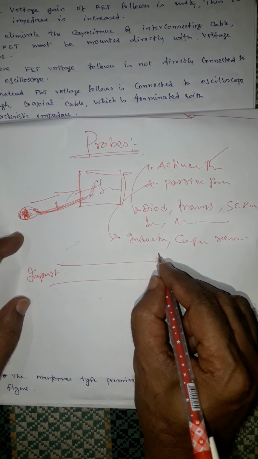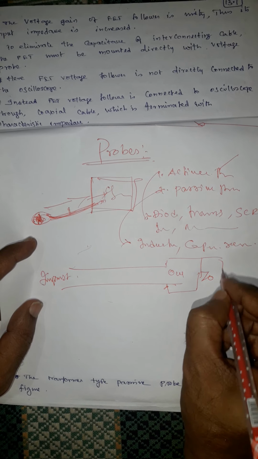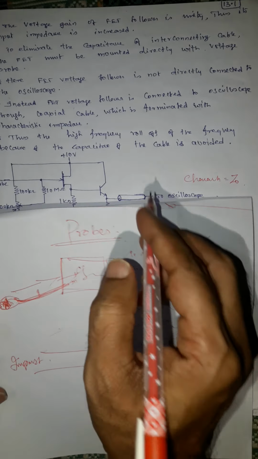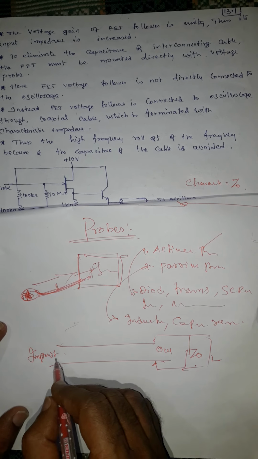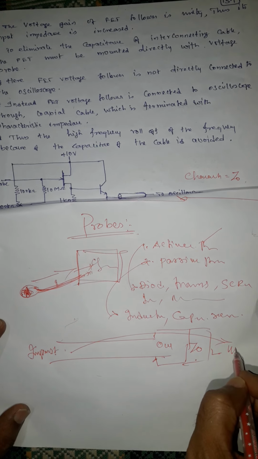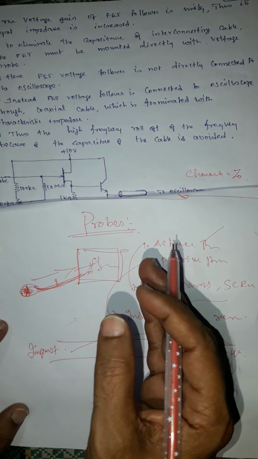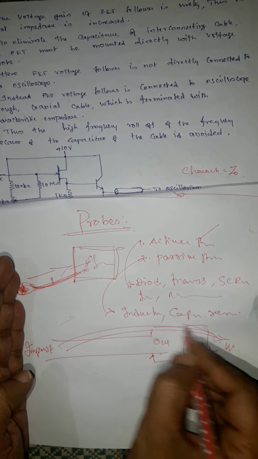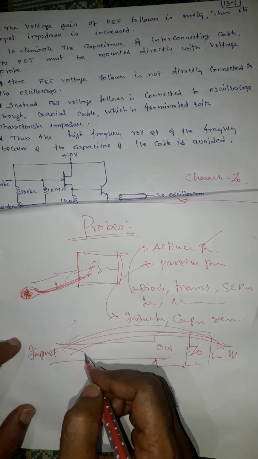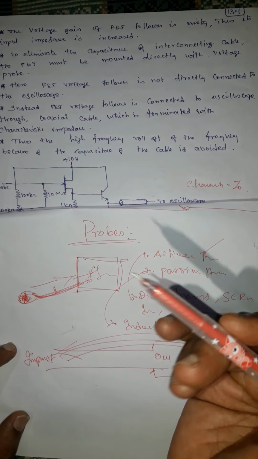Usually it will be terminated by the characteristic impedance Z0 and then the load. The advantage of termination by characteristic impedance is that the maximum input is transferred to the output. If it is not terminated, some input gets reflected back to the input side, so the frequency roll-off or frequency response will be affected.